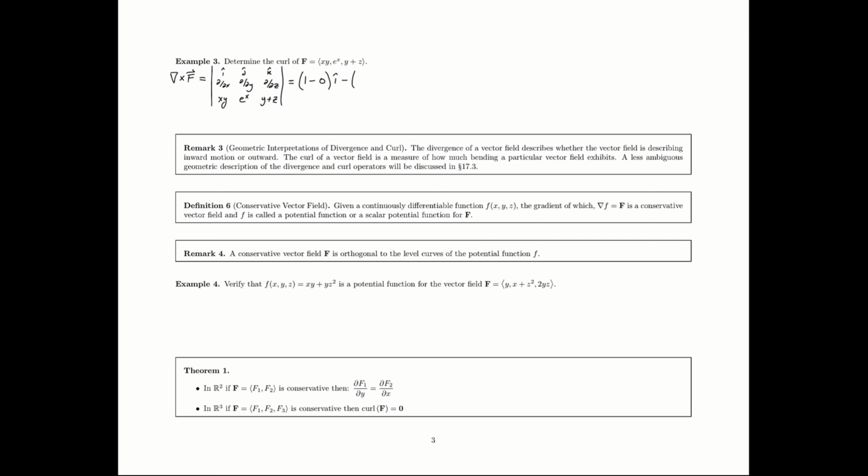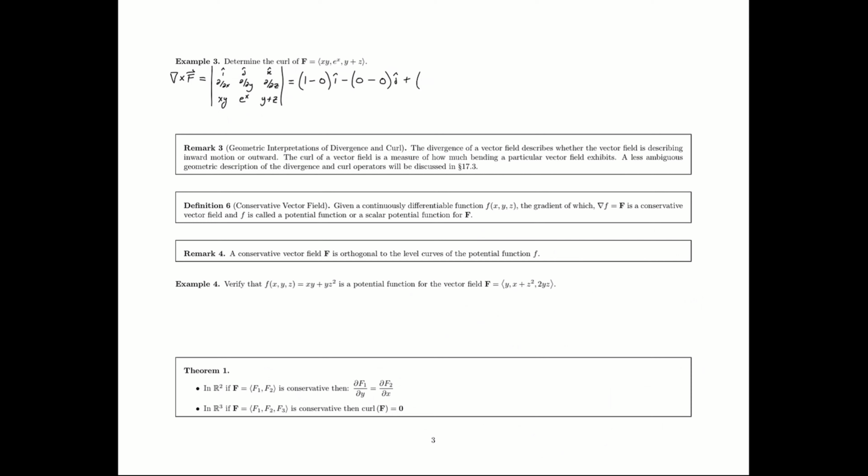We delete like this and are left with these 4 entries. We take the x partial of this term, which is 0, minus the z partial of this term, which is 0, times j hat.